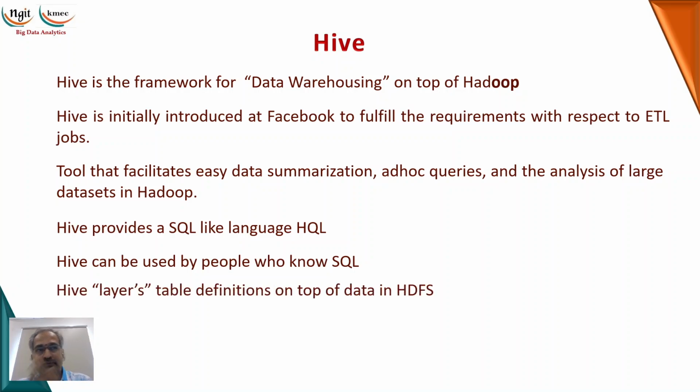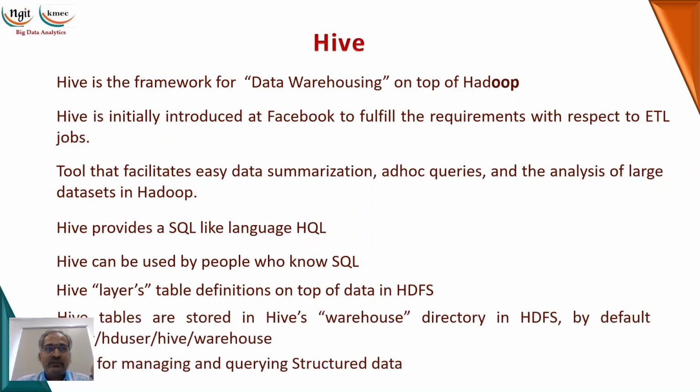And Hive actually creates a layer on top of the data available, which provides the metastore. Generally we call it the metastore, which maintains the data about data, that is called the metadata. Generally in Hive, the data will be stored in a specific directory, the warehouse directory, based on the user and directory we have mentioned.